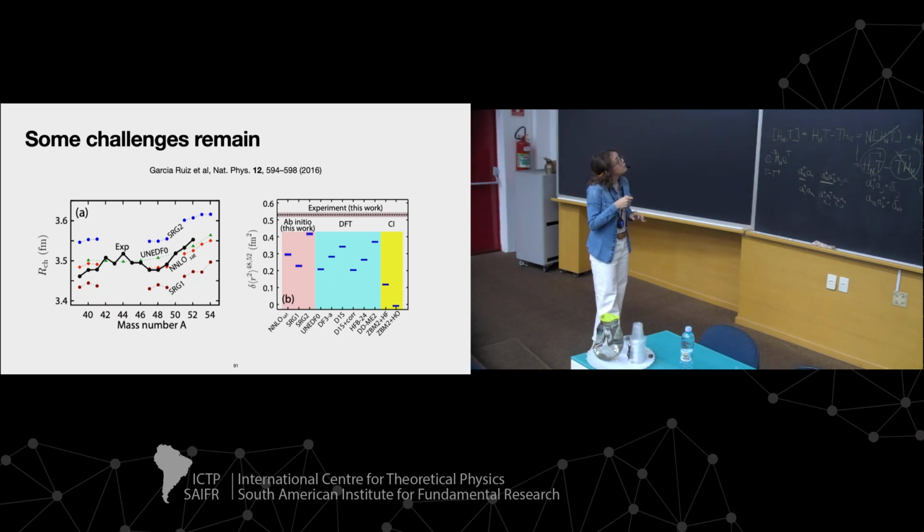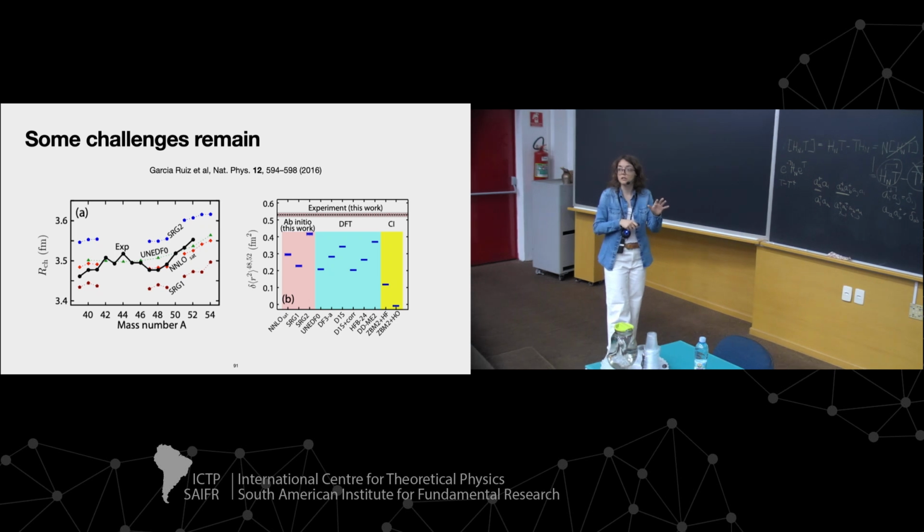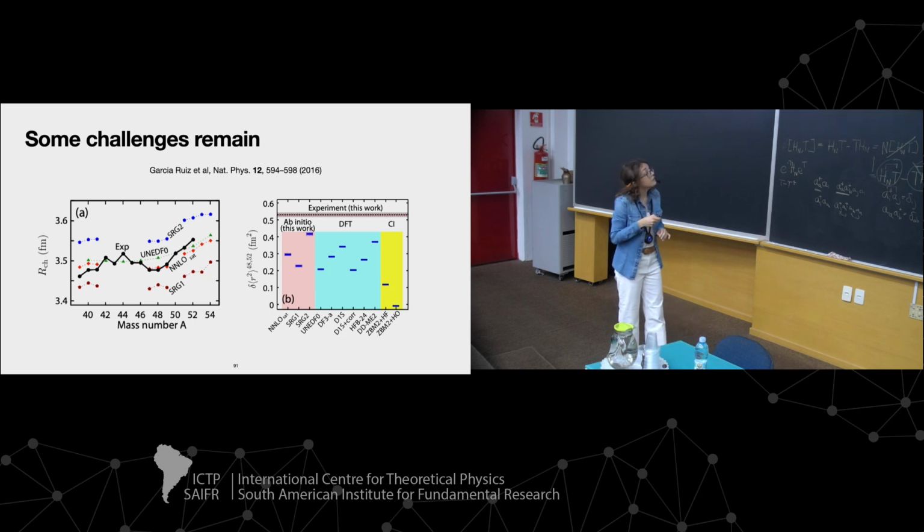Here you see in color different predictions from theory using different nuclear interactions, and in black the experimental data available along this isotopic chain. You see that in general the trend is reproduced. So the interactions are actually following the trend of the experiment.